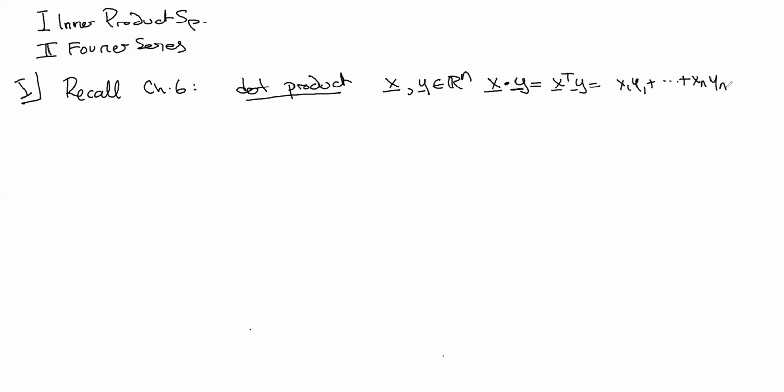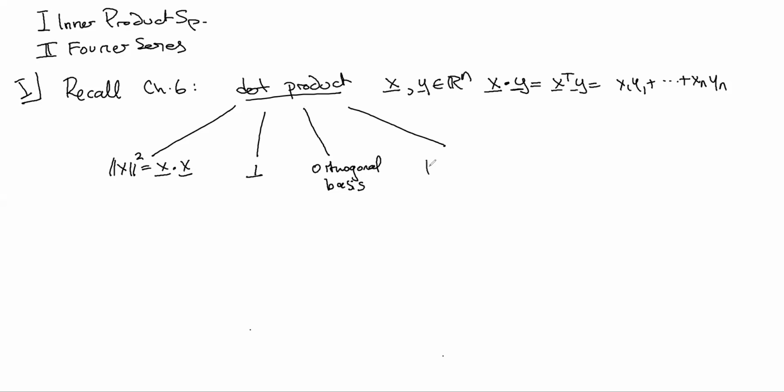And from this concept, we got lots of other derived interesting concepts, right? So we got the concept of a norm, which measures the length. We got a concept of orthogonality, dot product being 0. And we got the concept of an orthogonal basis. And then once we had that, we got a projection onto a subspace, a formula in terms of an orthogonal basis.